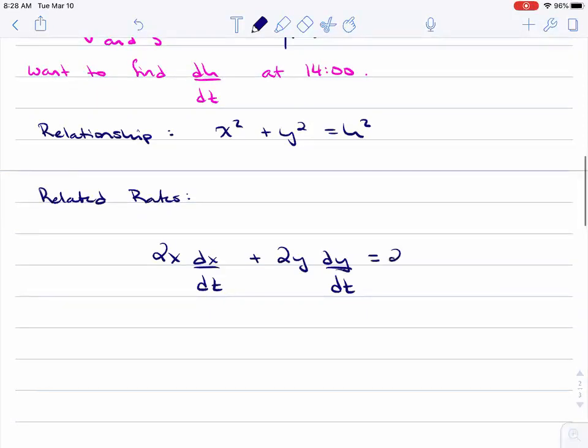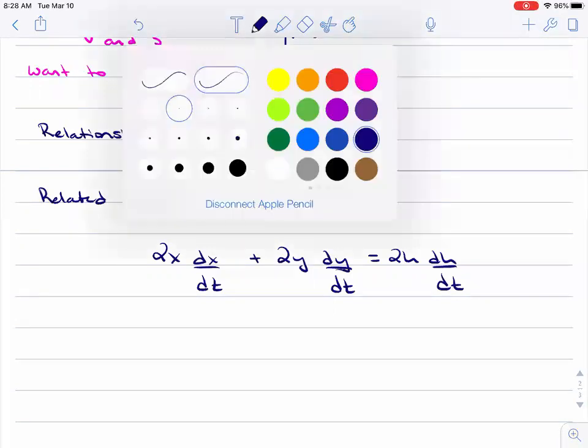Which is equal to 2h dh dt. This is how you're always going to take these derivatives, right? Because unless you have an explicit t in there, you have to multiply by whatever the variable is with respect to time, right? And so the x squared becomes 2x to the 1, but I've ditched that, times dx dt. But notice that we know dx dt, we know dy dt, and we're trying to solve for dh dt, right? So everything's kind of falling into place here.